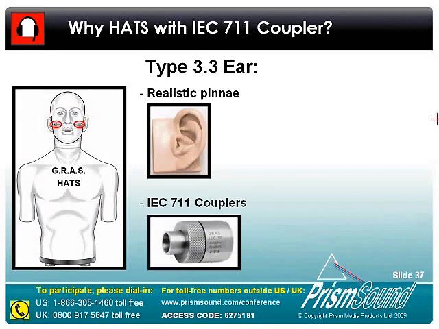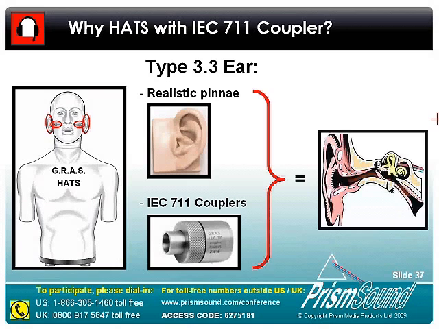And we also have what we call an IEC 711 coupler attached to each ear, and this is designed to closely mimic the acoustic impedance characteristics of the ear canal within a typical human listener. So in other words, with this type of system, we are closely emulating the electroacoustics, the mechanics of the human auditory system, and this is important if we want to be able to accurately determine the sound pressure level as a function of frequency at the eardrum.